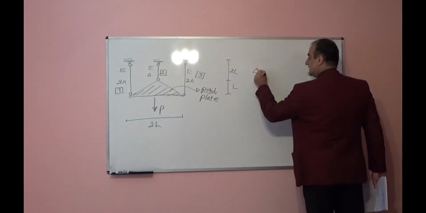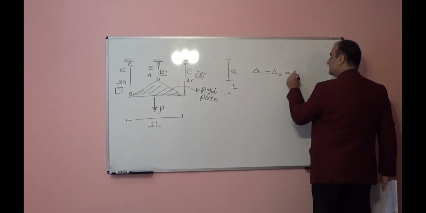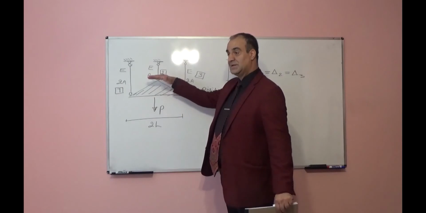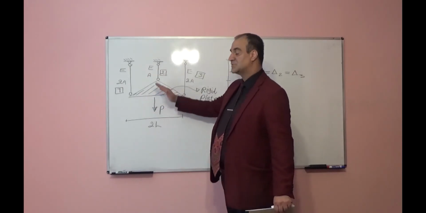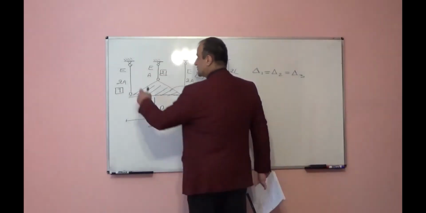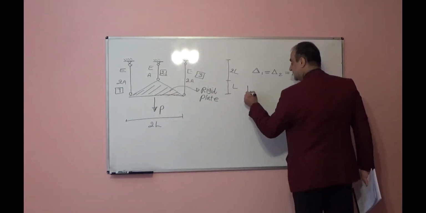So delta 1 will be equal to delta 2, equal to delta 3. And this rigid plate only will move down. There is no rotation.